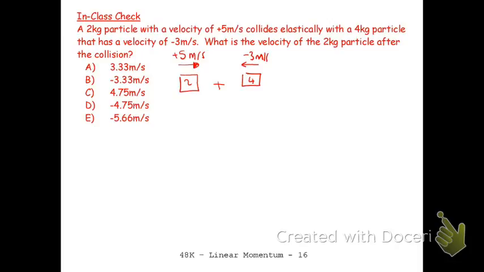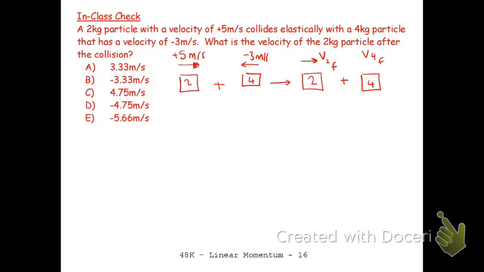So that's the before. And then what happens afterwards? Well, they don't stick together. So that's going to be a V, let's call it V2 final, and this is going to be V4 final. Because of the two masses, V2 meaning V for the 2 kilogram and V4 meaning V for the 4 kilogram.